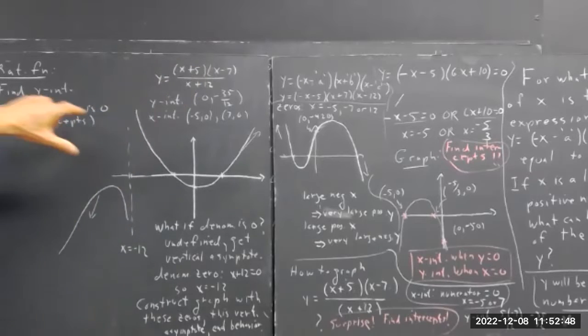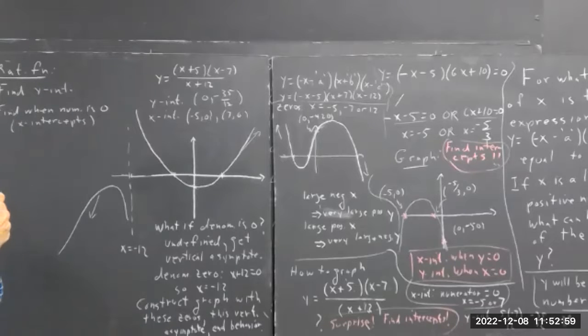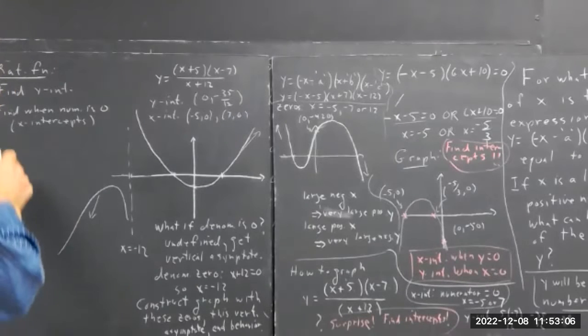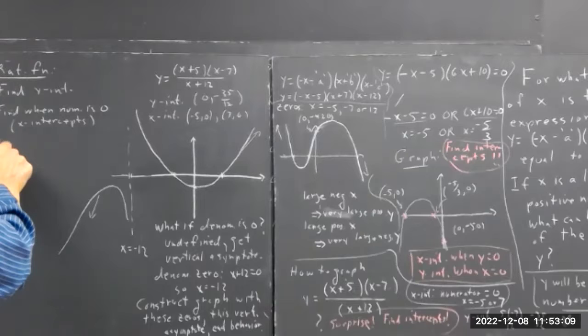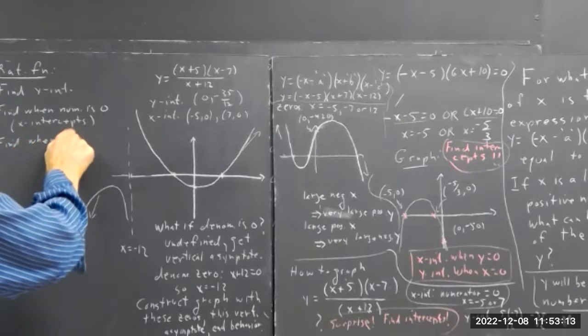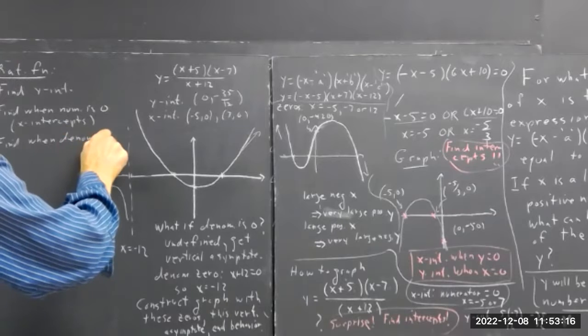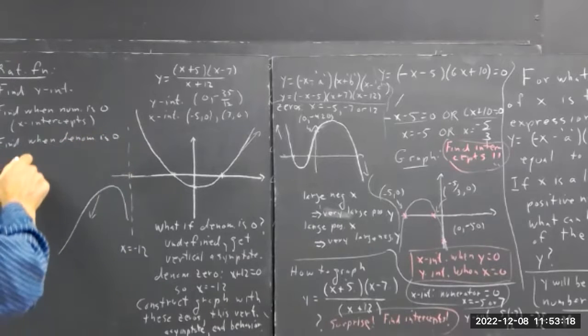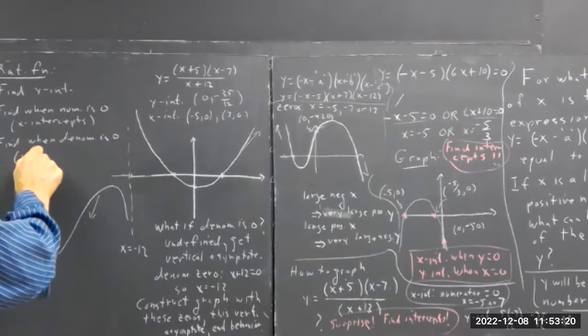Values of x that make the numerator 0 make the whole thing 0, and those are the x-intercepts. With a little caveat, that you got to be careful that the denominator isn't also 0. Find with the denominator 0 is your vertical asymptotes.